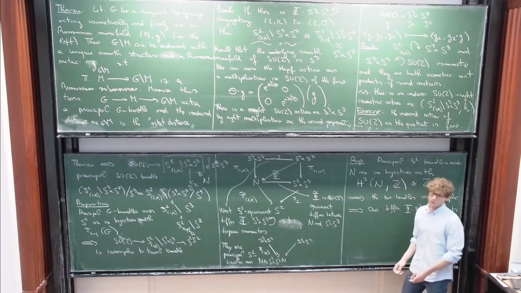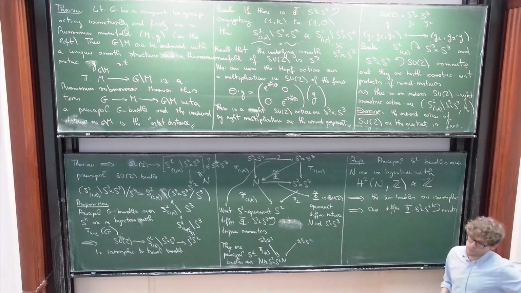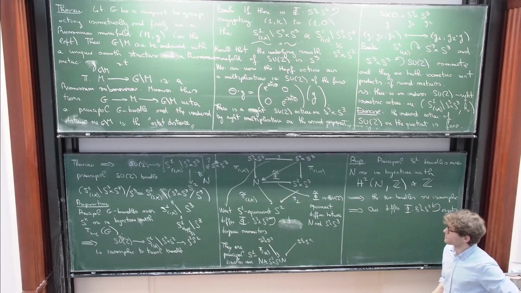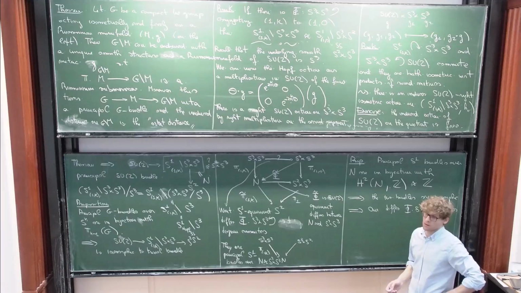May you again clarify the strategy of the proof of the existence? We already get that these bundles and S2 times S3 are isomorphic, and then we have this phi tilde. Why is it not what we want, phi?